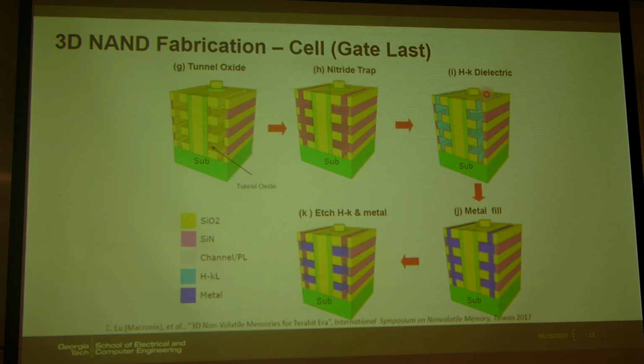And then high-K dielectric is deposited. And the blue color, the metal, is deposited. It fills the space. And finally, the metal is separated by an etch process. So this blue color metal can act as a word line.